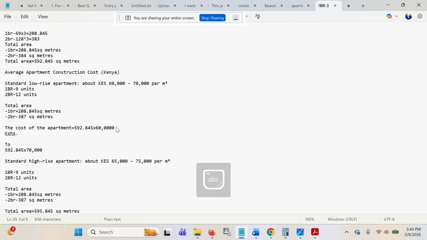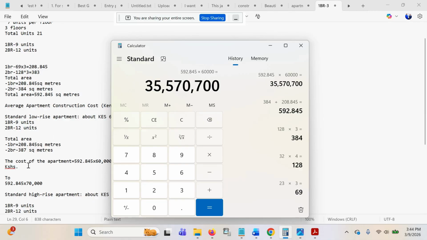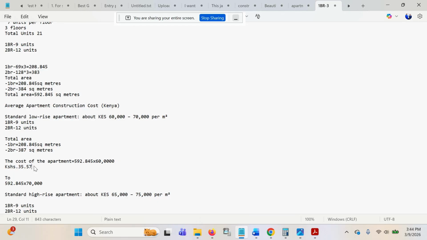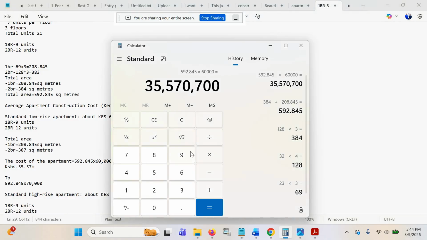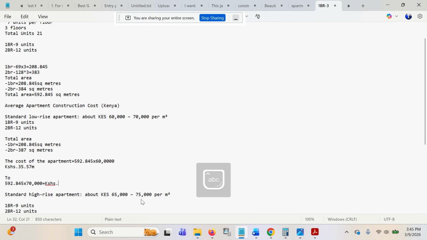In Kenya shillings, 592 times 60,000 would be 35.57 million, to 41.5 million.